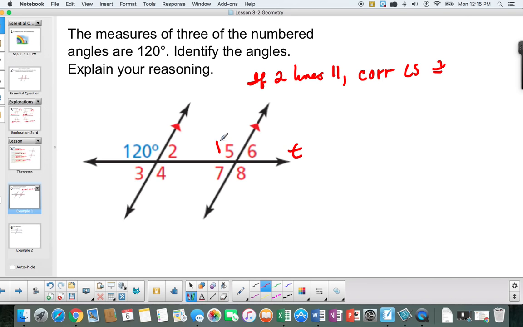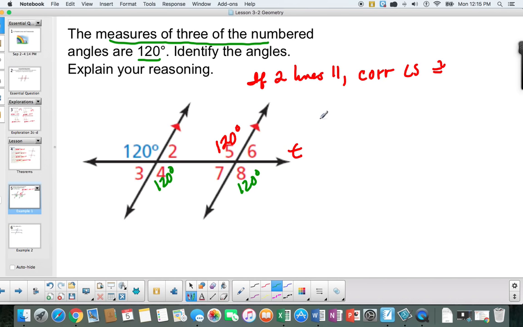So I know this angle will be 120 degrees. Let me use another color. These two angles are vertical, so this is 120. These two angles are vertical and these are 120. So the question was asking for the measures of the 3 angles that are measuring 120, and that will be angle 4, angle 5, and angle 8.